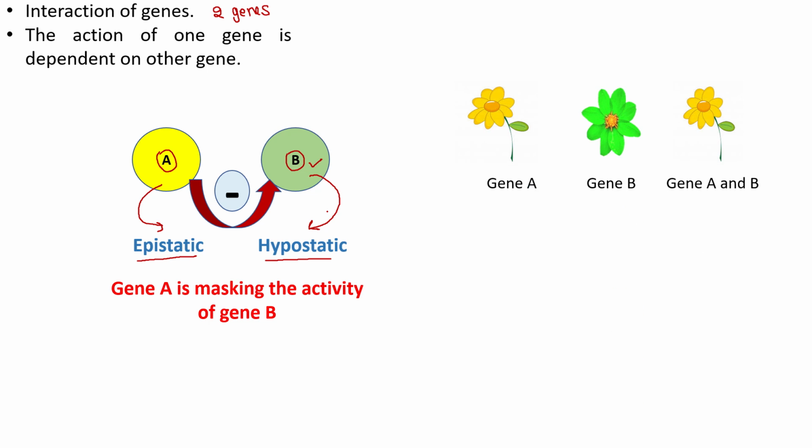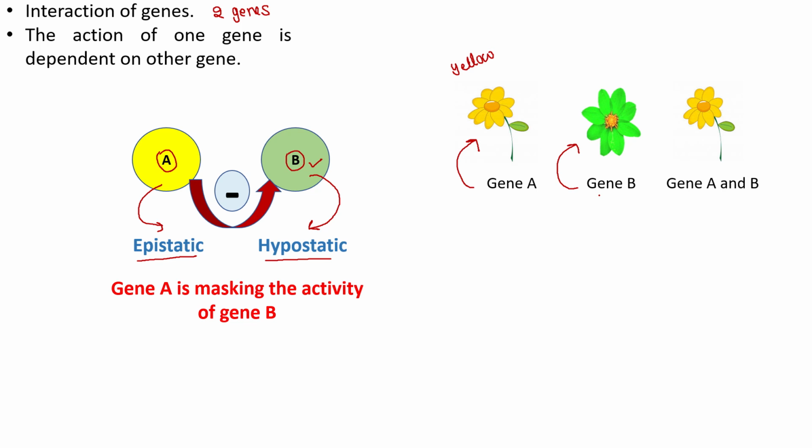Suppose gene A makes a flower yellow and gene B makes a flower green. When gene A is present alone, the flower becomes yellow.